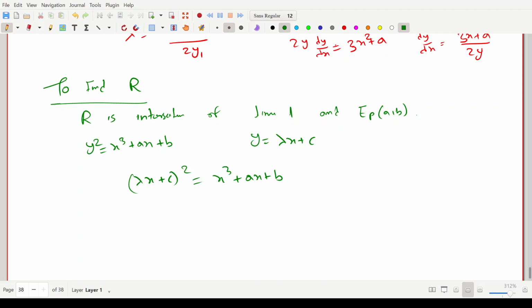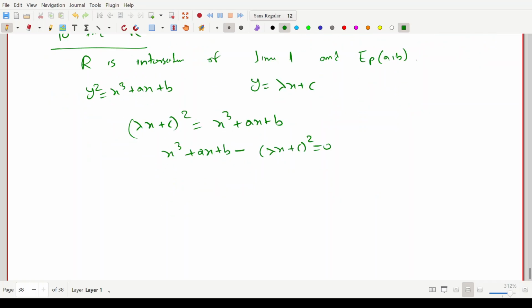Now we already know the solution. X1 and x2 are the solutions. See, everything is in terms of x, and so I can write it as x cube plus ax plus b minus lambda x plus c the whole square equal to 0. So for this equation, we already know two solutions, x1 and x2. So we can find the third solution by comparing two sides.